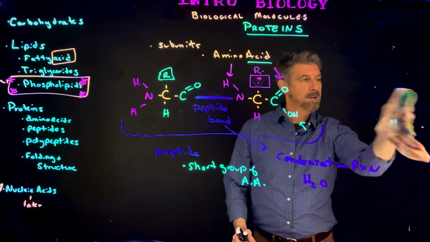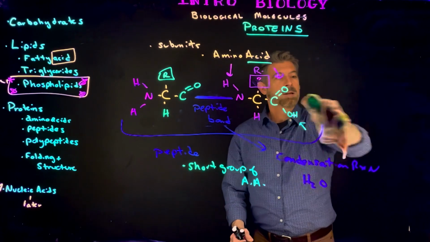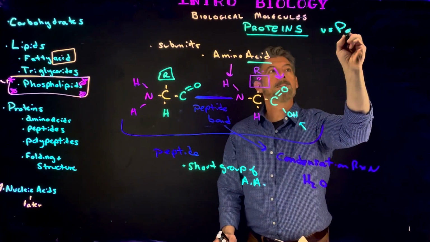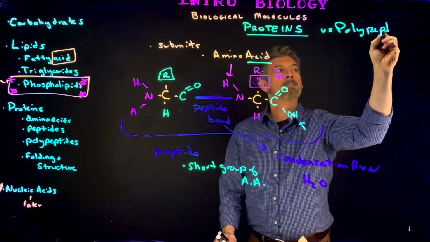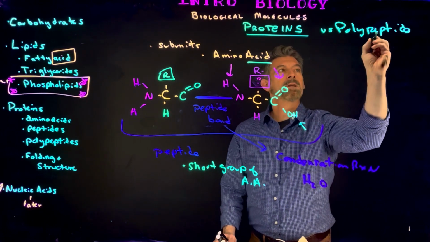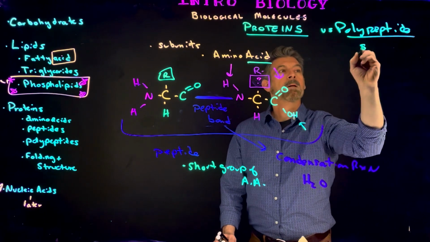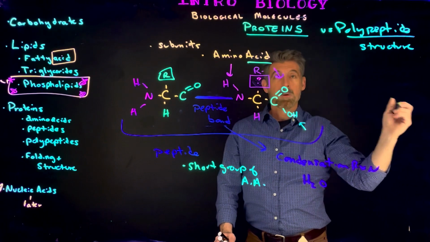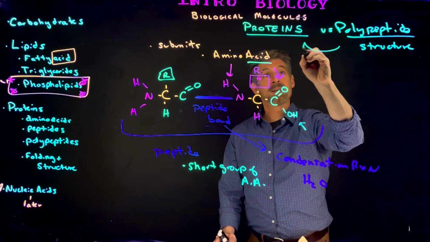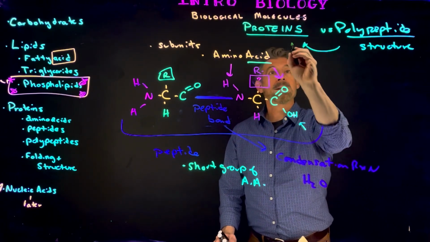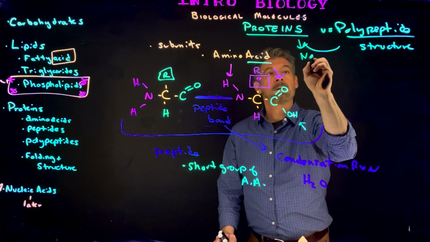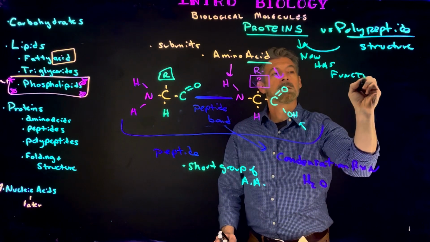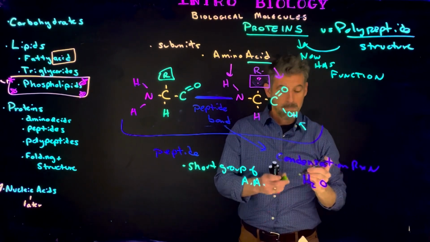So that's the next thing we're going to look at, the difference between these two terms, protein versus polypeptide. What's the difference? It's a big structural molecule, pretty much the same molecule, but now it has function.